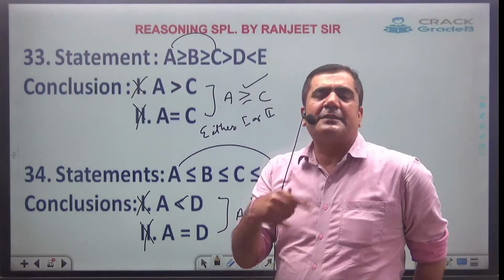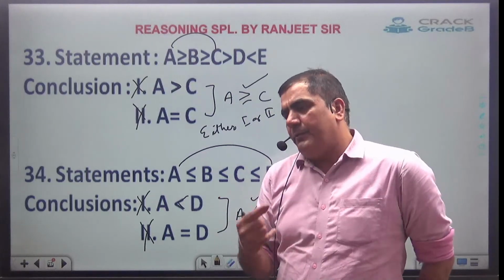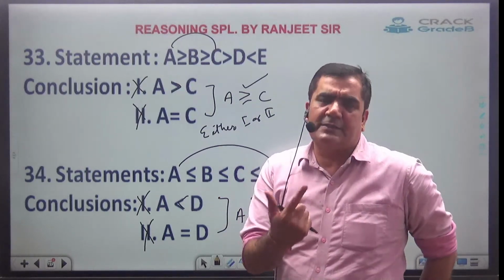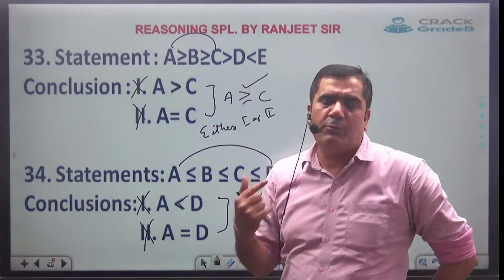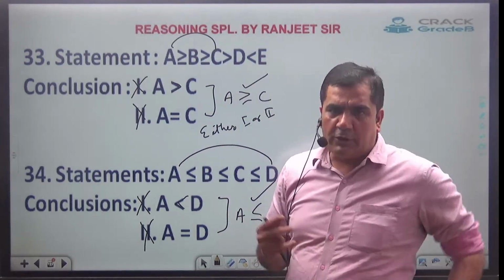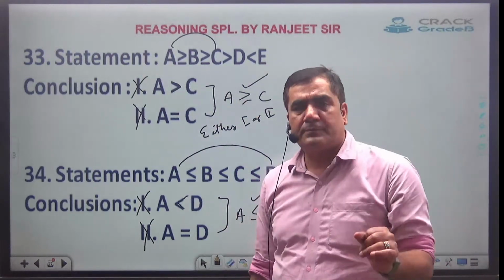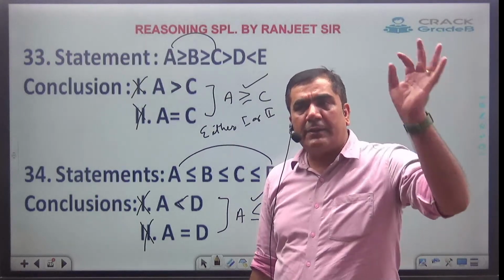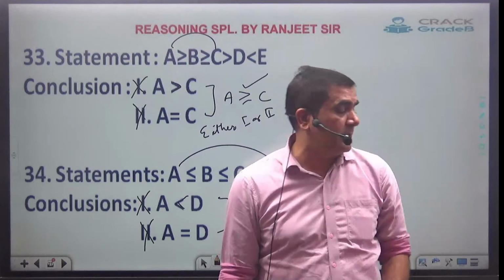I don't think this is the way the class can go. I can teach in a better way if you are responding. If you are not responding, then it will be purely time pass, and I don't believe in time pass, my dear. Because after 2 classes, we need to solve these questions without touching the pen. You can solve these questions in maximum 10 seconds without touching the pen, which is 100% possible.